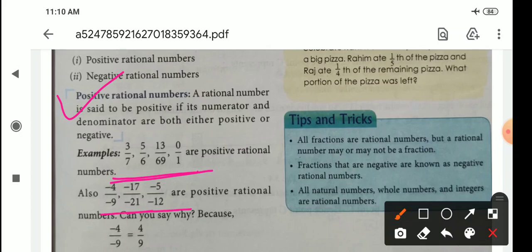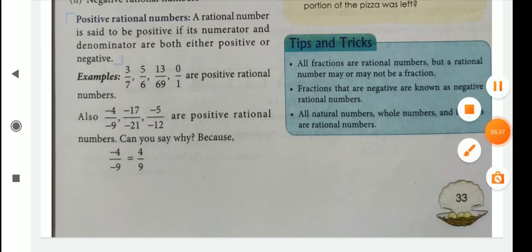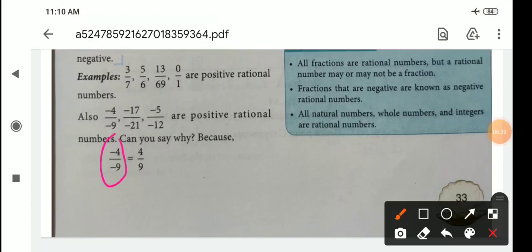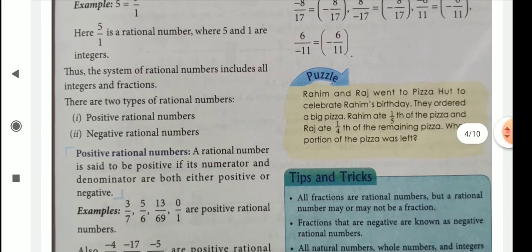Here all the signs are negative, so they are positive rational numbers. Because if both numerator and denominator have a negative sign, the signs will cancel. So we get only 4 by 9, which is a positive rational number.